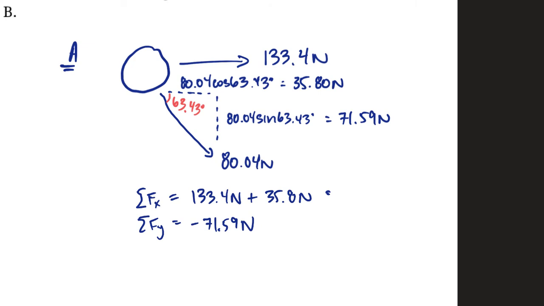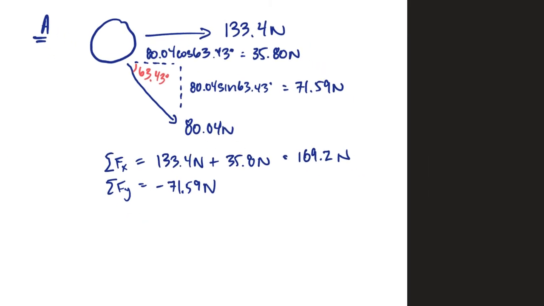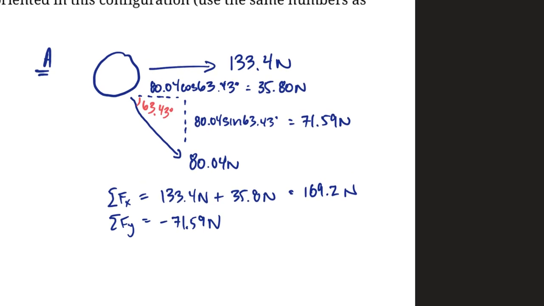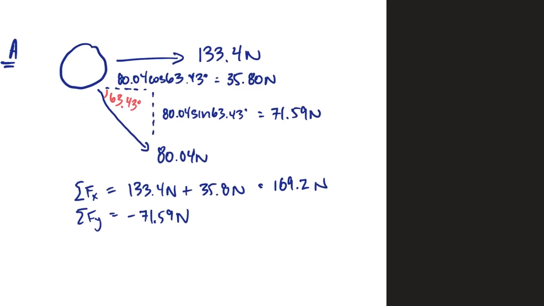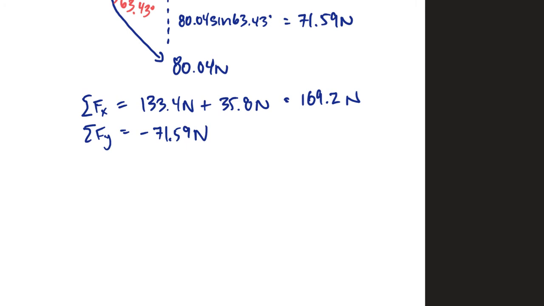So this is 133.4 plus 35.8, which is 169.2 newtons in the x direction, and then negative 71.59 in the y direction. So we can draw our final triangle for the forces acting on this asteroid.